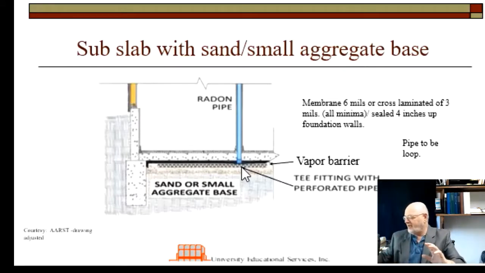So if you had just, let's say, 5 feet of perforated pipe here, it may not, even though the pressure is lower in that pipe than it is in the rest of the soil, it may not do very well in getting the radon to come from, say, 30 feet away over to that pipe. And so we're going to give the radon an opportunity to get into pipe all the way around the perimeter. And that's the fundamental difference.